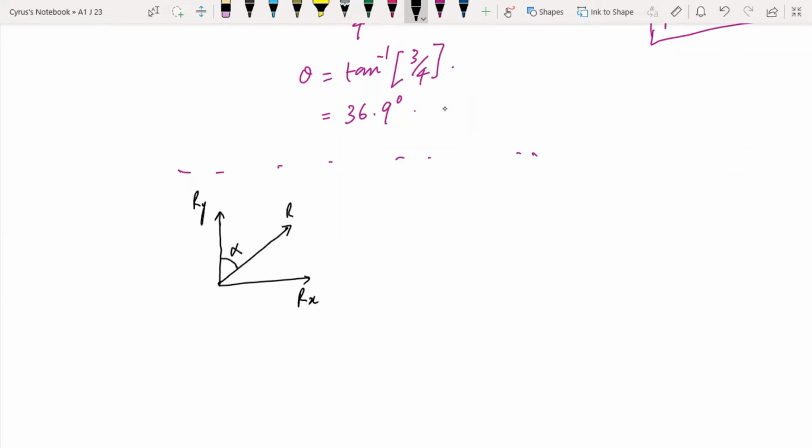हॉरिजॉन्टल कंपोनेंट क्या होगा इन दिस केस? What is the horizontal component of R and vertical component of R?